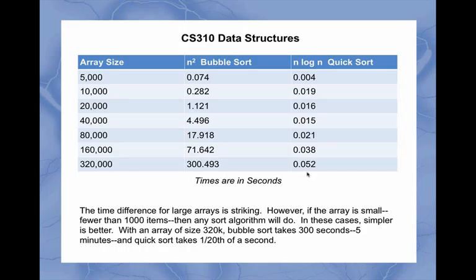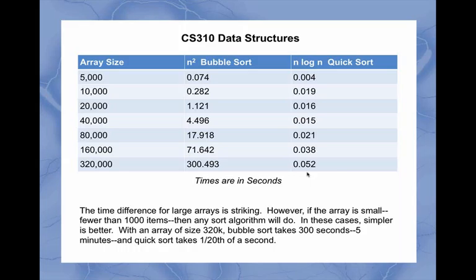The code for bubble sort, selection sort, insertion sort, which are the algorithms we are looking at in this lecture, is so much simpler than the faster algorithms. Therefore, it's a good idea. Simple code is better than complex code.